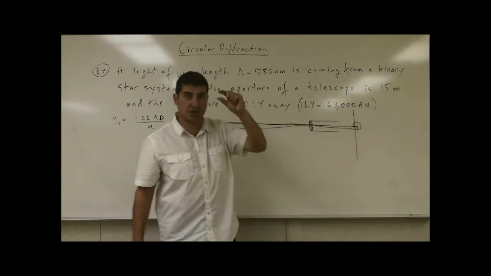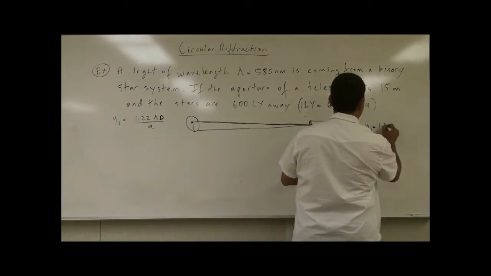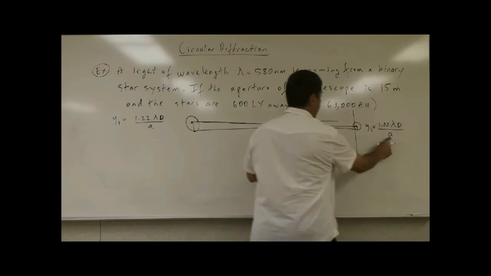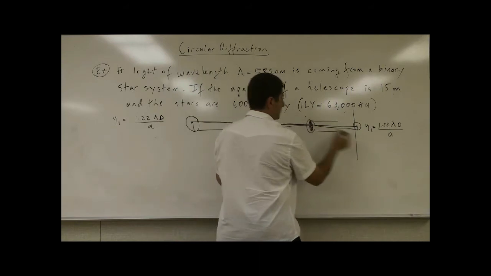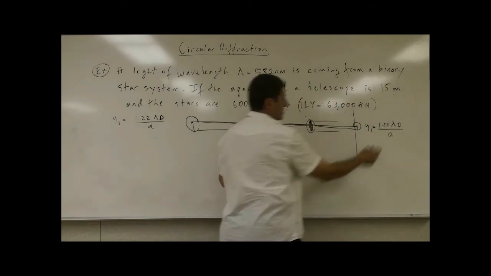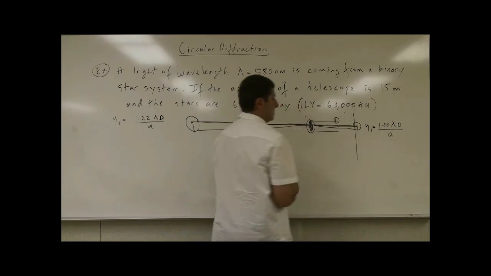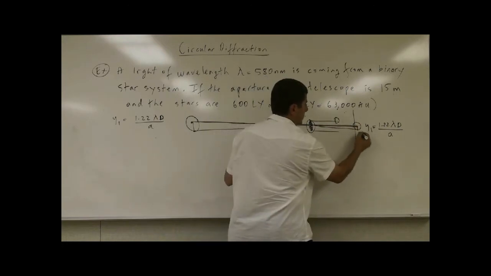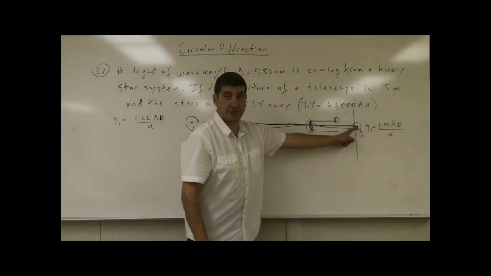We were saying y1 is 1.22 lambda d over A. The A was how big the opening was, the lambda was the wavelength, the d was the distance to the screen, and the y1 was the radius of that circular bright fringe.